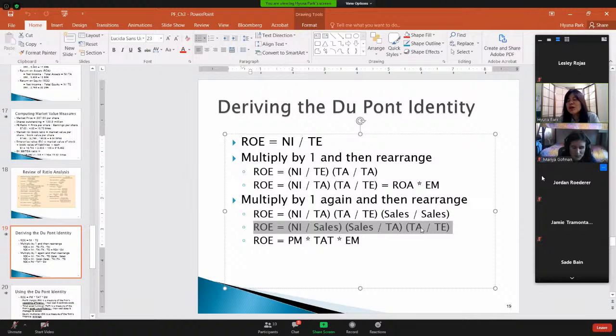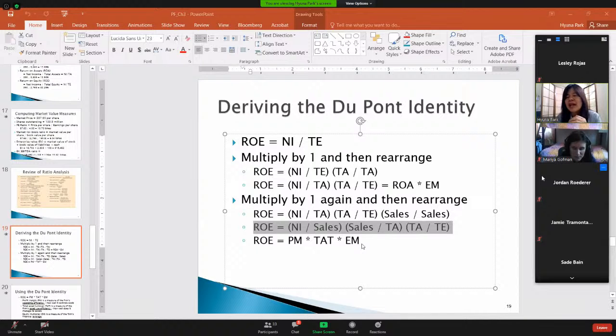So if you are looking at a company and that company has a total asset a lot larger than total equity, what does that mean? The company has a lot of debt. So total asset versus total equity, the difference is debt. So total asset to total equity, that ratio is called the equity multiplier, a measure of leverage.